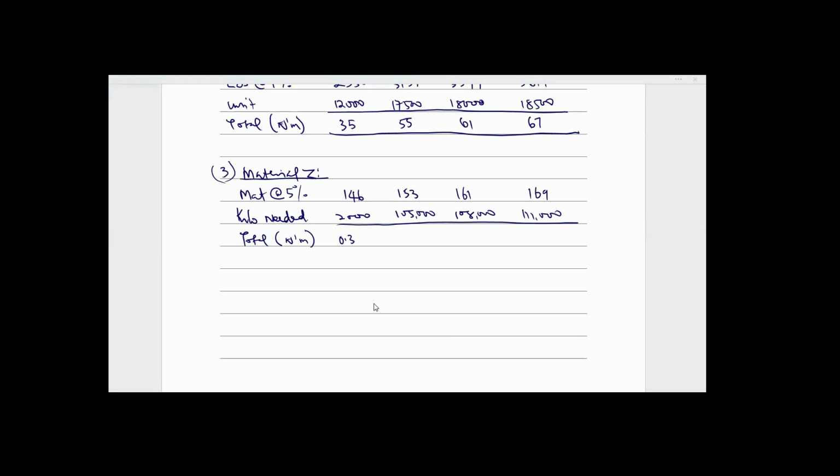Then year 3, I have 19, 17 multiplied by 108,000. 17. Then year 2, 16. All right, so I'm done.